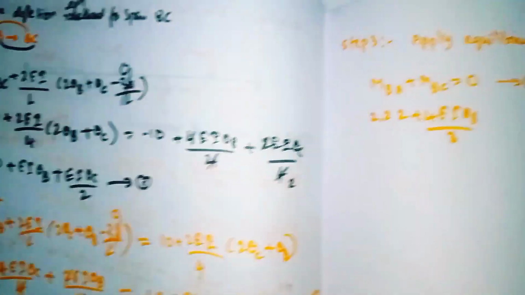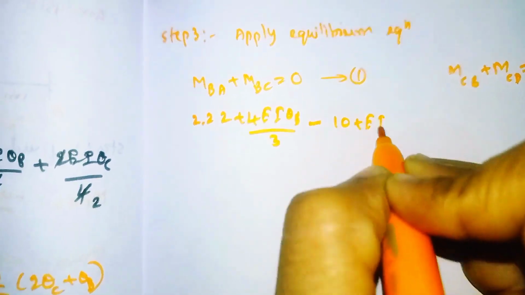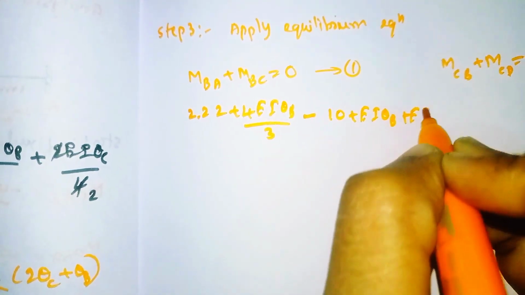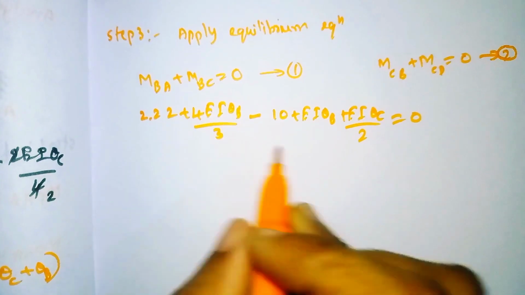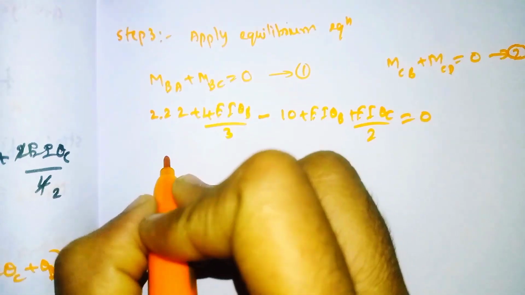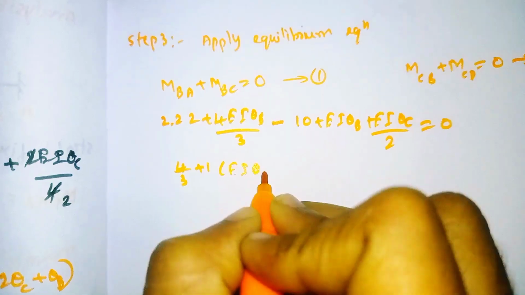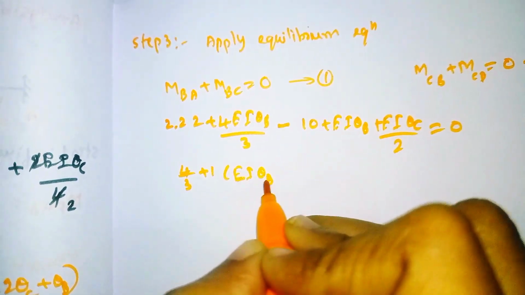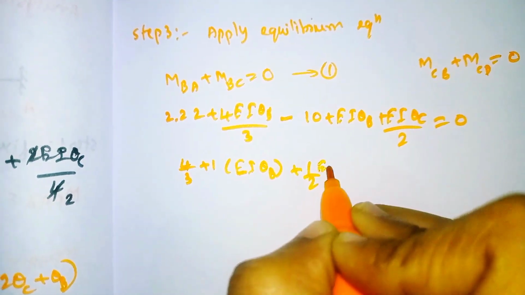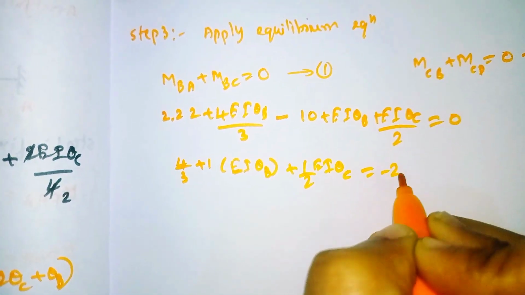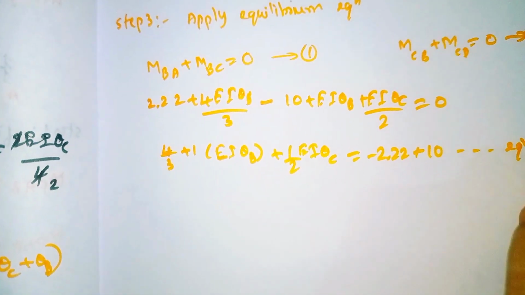Substitute this here, and it is equal to 0. Now simplify this. By simplifying, it comes out as 4 by 3 plus 1 EI theta B plus 1 by 2 EI theta C is equal to minus 2.22 plus 10. Call it equation number 1.